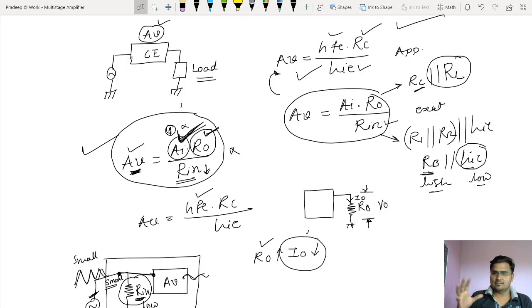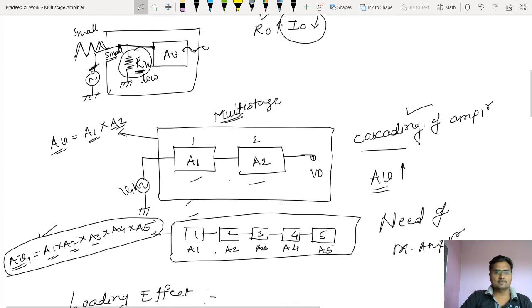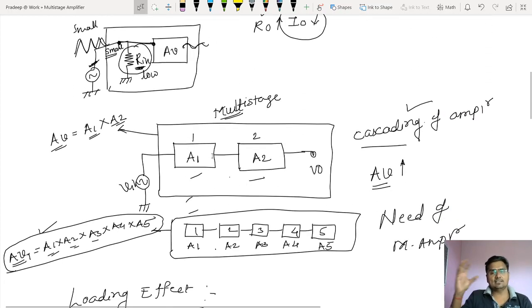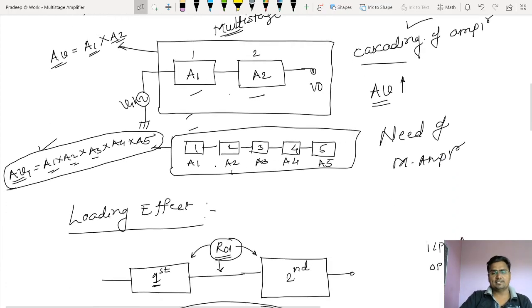We started searching for an alternative to increase the gain. What is the best alternative we found? Connecting another stage to the output of one stage. What we call that series connection is cascading. And if I cascade more than one amplifier, then it becomes a multi-stage amplifier. Instead of single stage, now it becomes multi-stage.